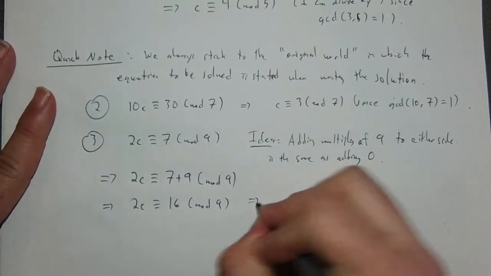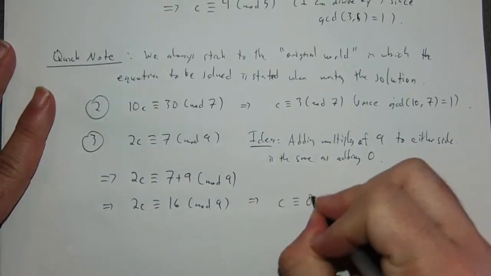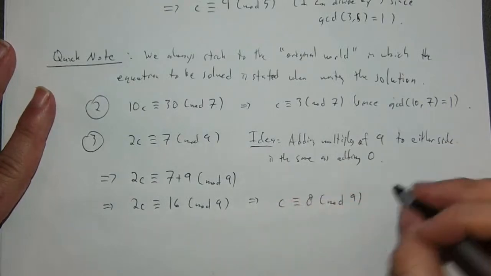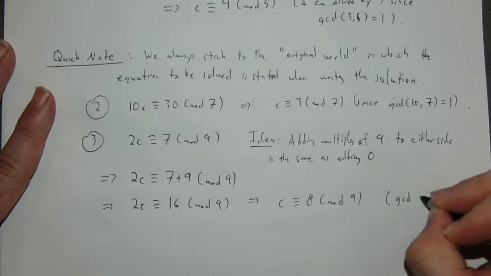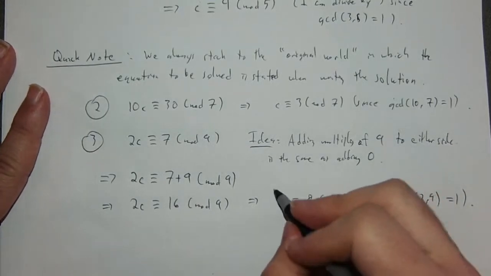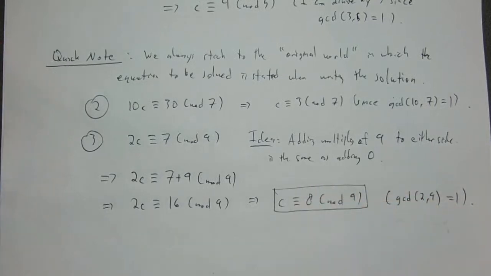And now this implies that c is congruent to 8 mod 9. Again, I can do this division since the GCD of 2 and 9 is 1. Now, I'm not guaranteed that after adding a single copy of 9, I get something that makes sense here necessarily. Maybe I have to add some other multiple of 9, but in this case, just adding 9 works.